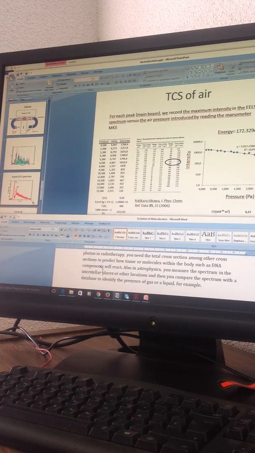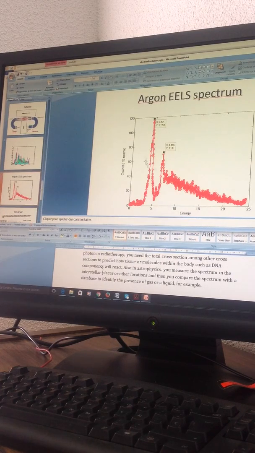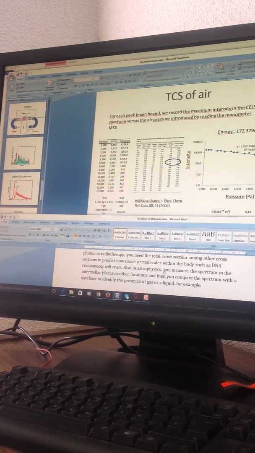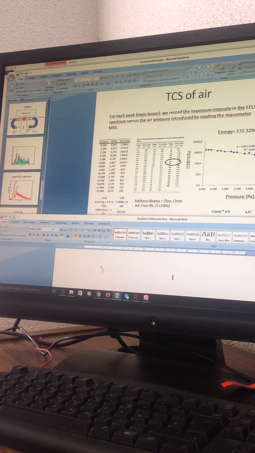If it corresponds to a measurement made in the laboratory, then it means you have argon there. And if you have the total cross section, you can also predict how electrons or photons will interact with air, for example, contained in the lung. This is used, for example, in radiotherapy. For tissue, you need components like DNA.